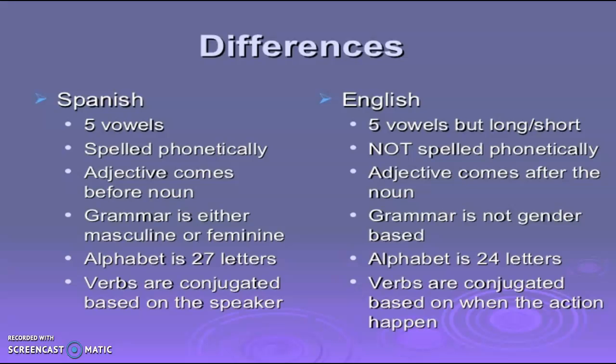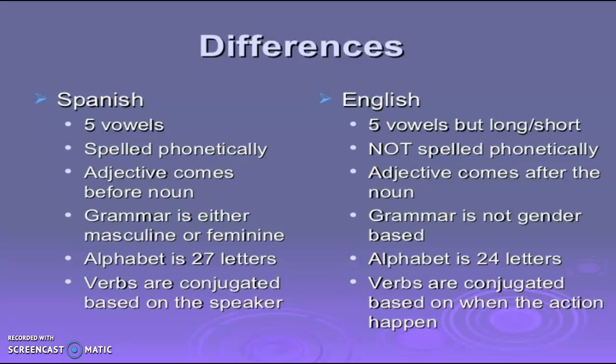Spelled phonetically in Spanish, not spelled phonetically in English. In English, adjective comes before noun. In Spanish, adjective comes after the noun. In Spanish, grammar is either masculine or feminine. In English, grammar is not gender based.